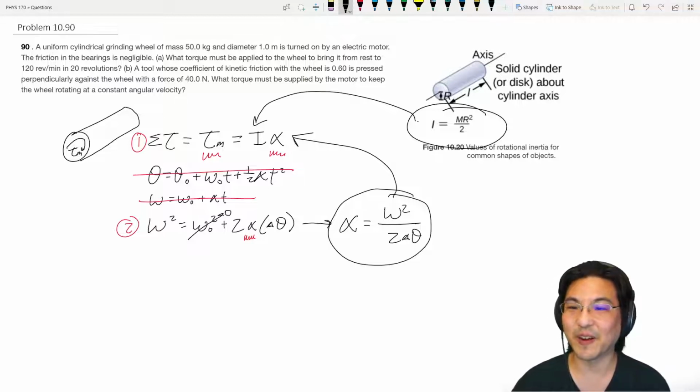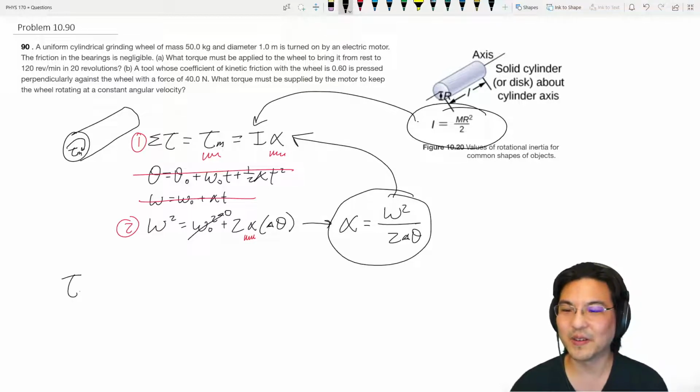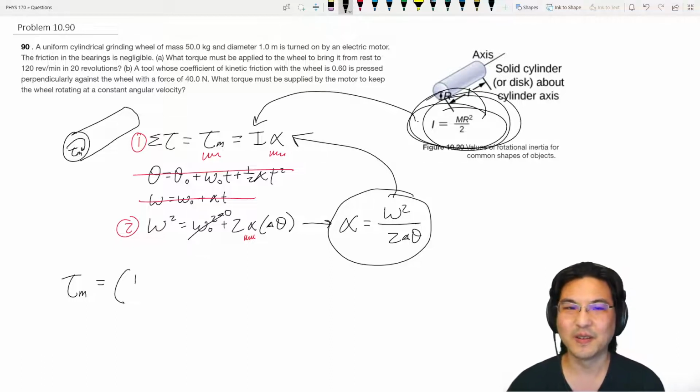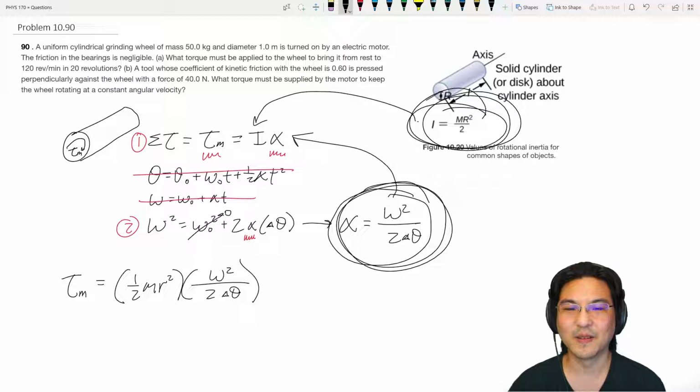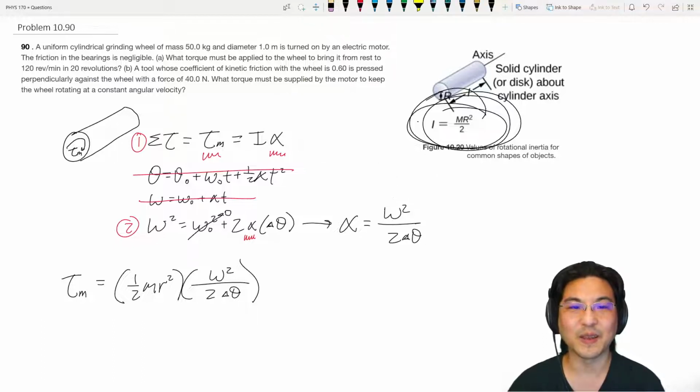Let me rewrite equation 1. Torque from the motor is I alpha. I is, from over here, 1/2 mr squared. Alpha is, from right here, omega squared over 2 delta theta. Delta theta being the angular displacement.